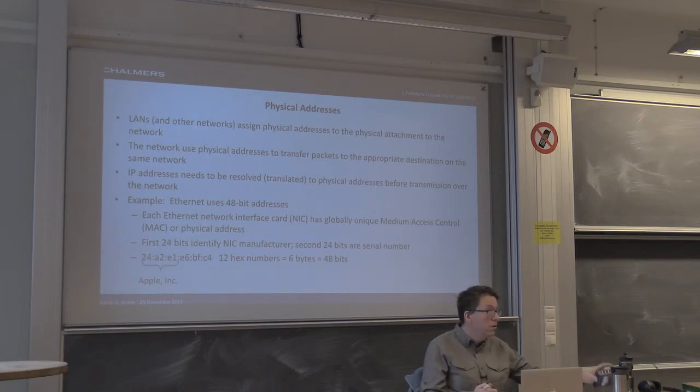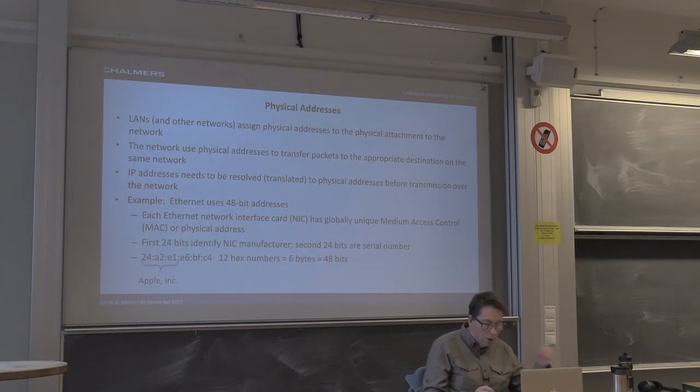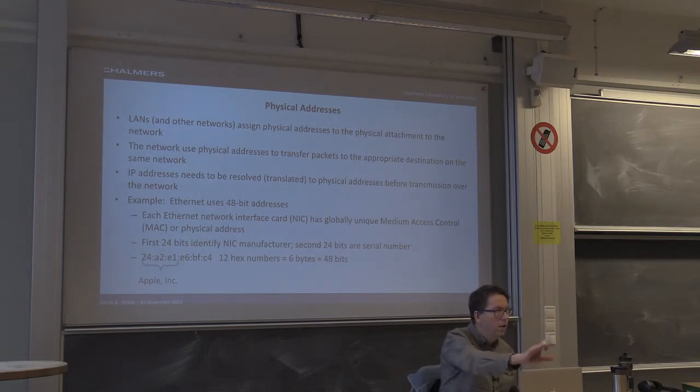So when you manufacture this chip, every chip gets a unique physical address. The first 24 bits in this address identify the manufacturer, and the second 24 bits are the serial number. So, for instance, one of my Ethernet cards in this one is called this.